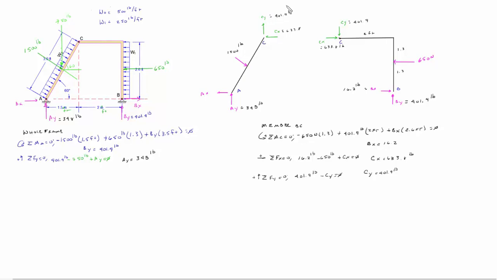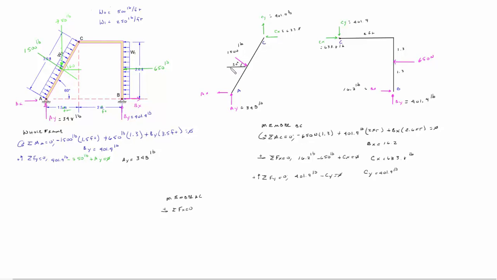So now I need to compute AX. So now I'm looking at member AC, and I'm going to sum my forces in the X direction, because that's all I need. So it's going to be 30 degrees here.